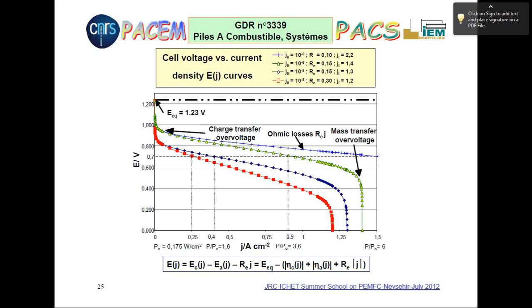And between this curve and the green one, we change the exchange current density from 10 to the minus 8 to 10 to the minus 6, and you see the effect. It's a translation of the curves upward, with the same slope, which means with the same electrolytic resistance.